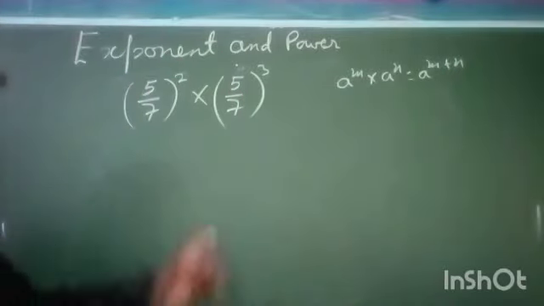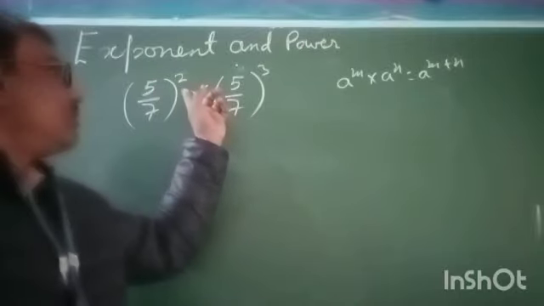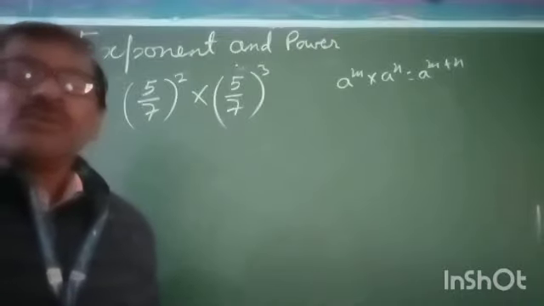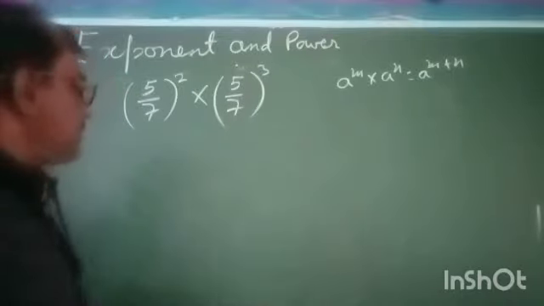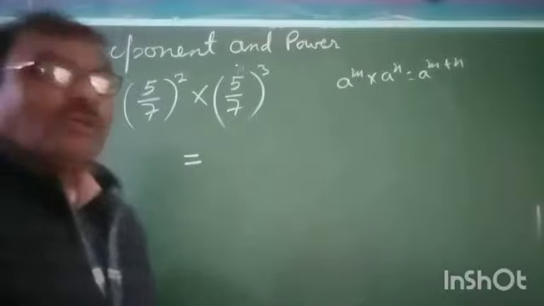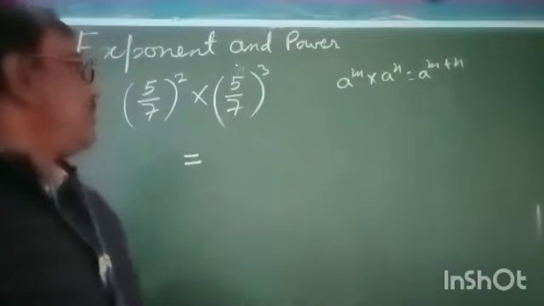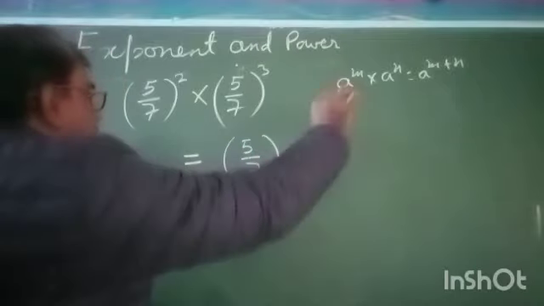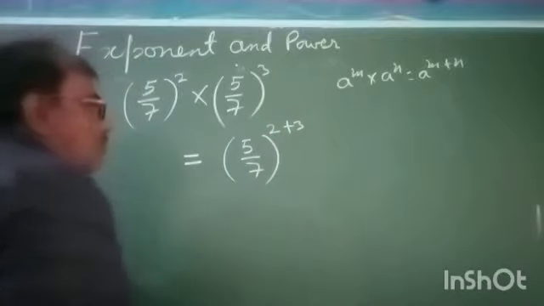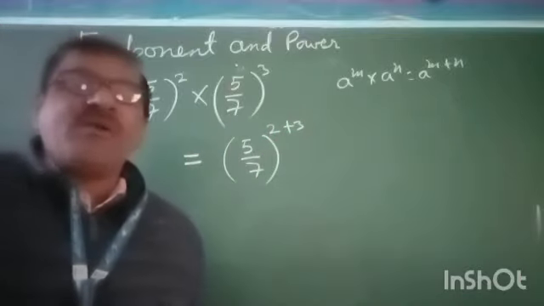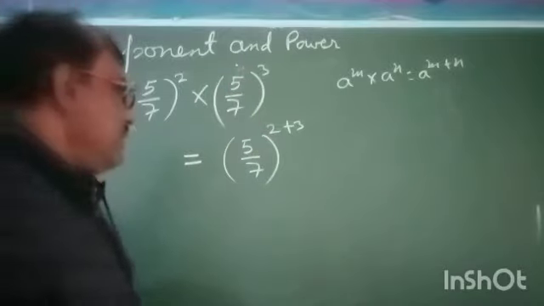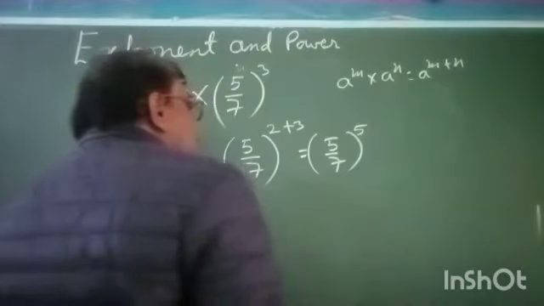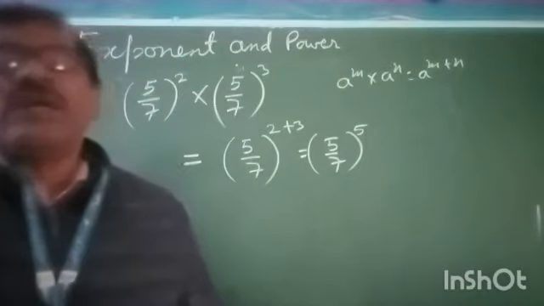Here you see 5 upon 7 square multiplied by 5 upon 7 cube, here the base is 5 upon 7. So I will write this with the help of the law of exponent. It will be equal to 5 upon 7 whole to the power 2 plus 3, because here the power is 2 and here the power is 3. So it will be equal to 5 upon 7 to the power 5. So dear students, I hope that this is clear too.